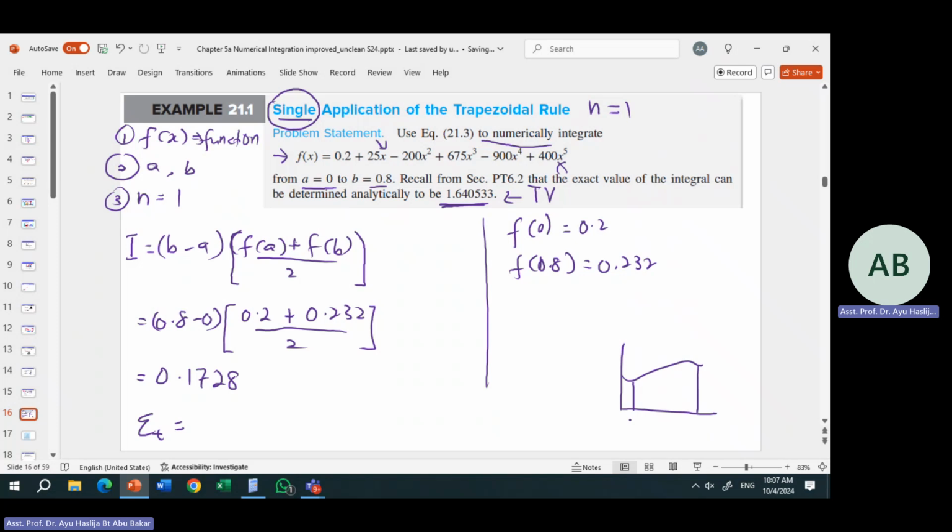Minimum you need to have 2 points in order to find the area under the curve for trapezoid. So 2 points, n equals 1. That is single application.